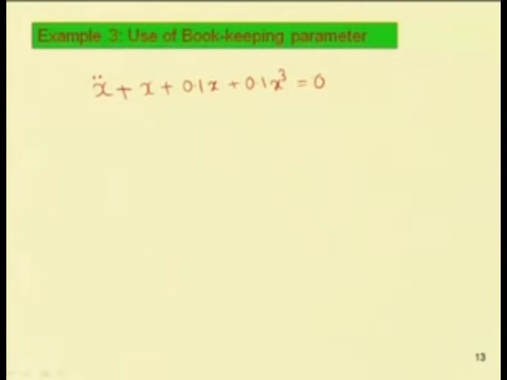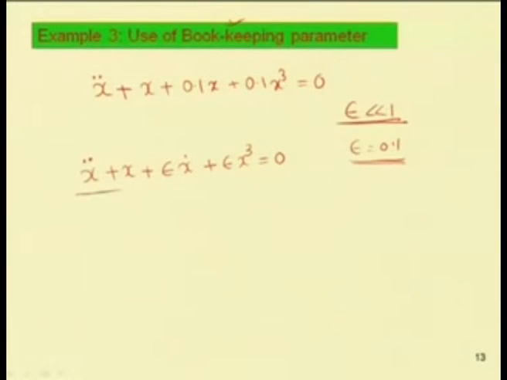Now by using a bookkeeping parameter epsilon, which is very much less than 1, we can order this equation and make the coefficients of all the terms of the same order. Let epsilon equal to 0.1. Then this equation reduces to x double dot plus x plus epsilon x dot plus epsilon x cube equal to 0.